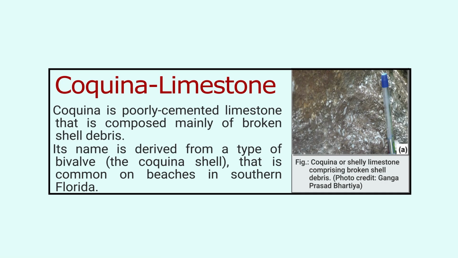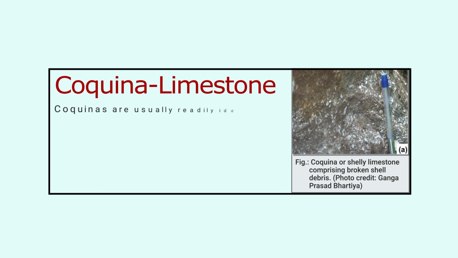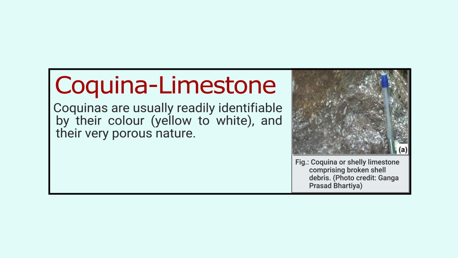Its name is derived from a type of bivalve, the coquina shell, which is common on beaches in southern Florida. And these coquinas are usually readily identifiable by their colors, yellow to white, and they are very porous in nature.